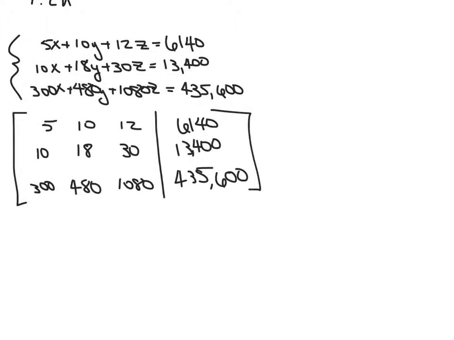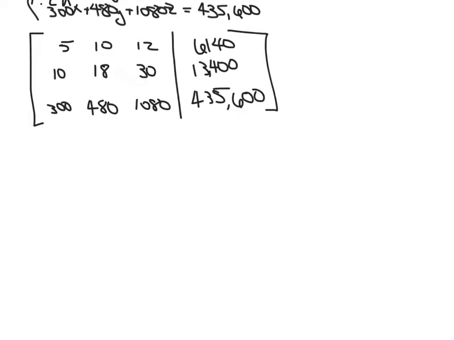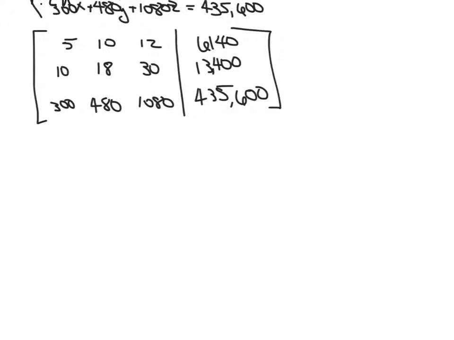Okay, so all I did here was rewrite the system in augmented matrix form to get that. One of the things you'll notice here is that we do not have a 1 here at all that we can trade places with.